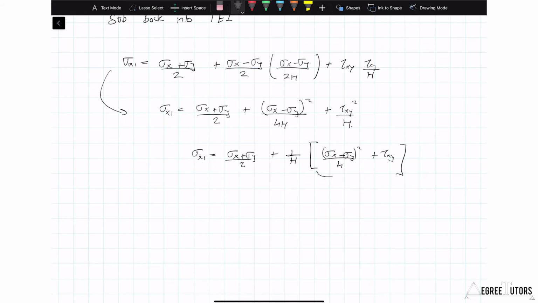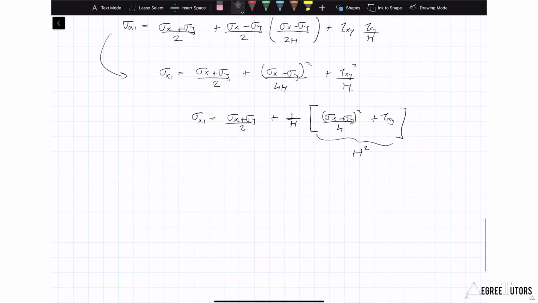What is that? That is h squared. So all you really have here is h squared over h, which obviously comes down to just being h. So you end up with sigma x1 is equal to sigma x plus sigma y over 2 plus h.